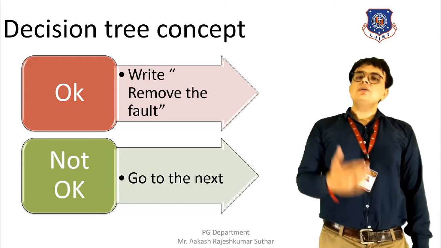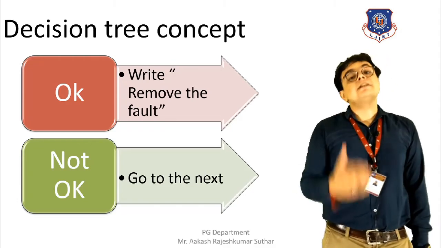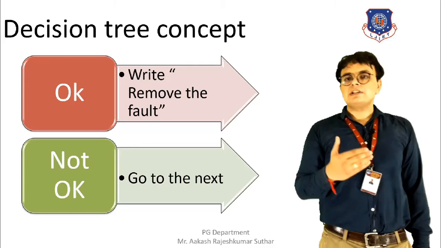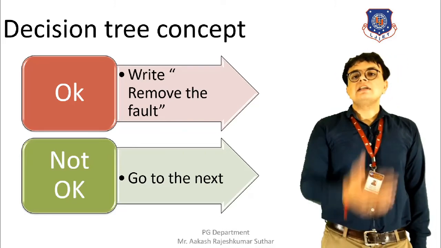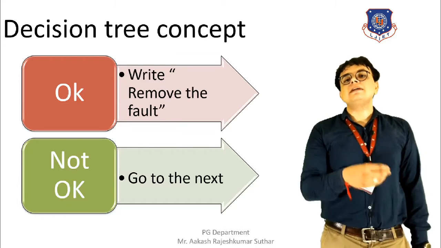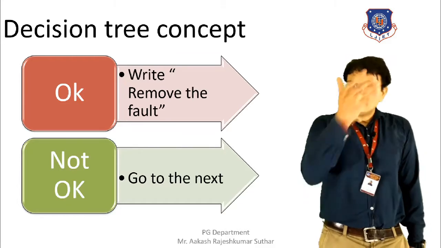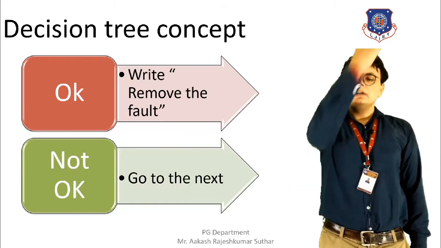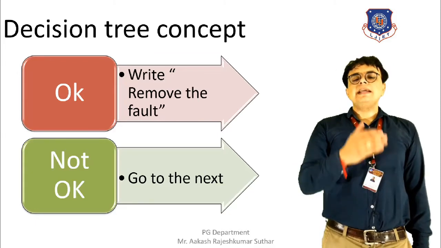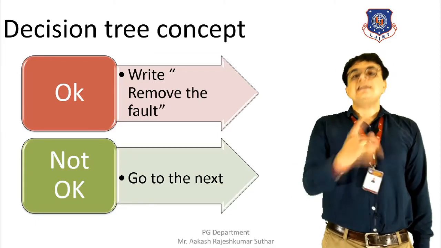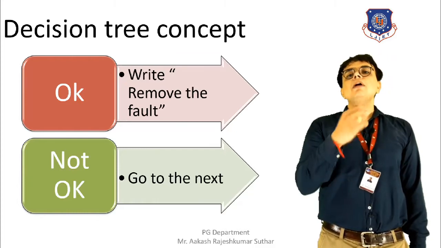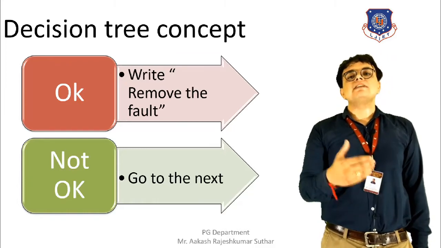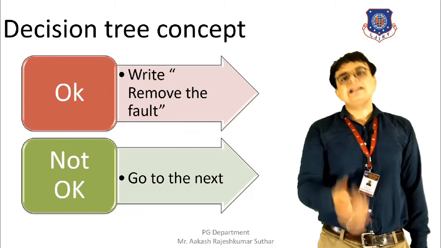So this is how a decision tree diagram is prepared. All the faults are taken into consideration. All the faults are arranged in a proper sequence in either ascending or descending order. We need to put the reasons that take less time first, and those that require more time for rectification should be at the last.